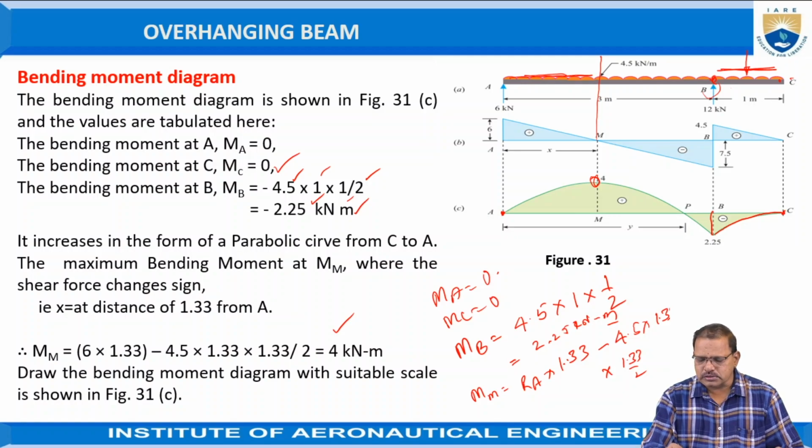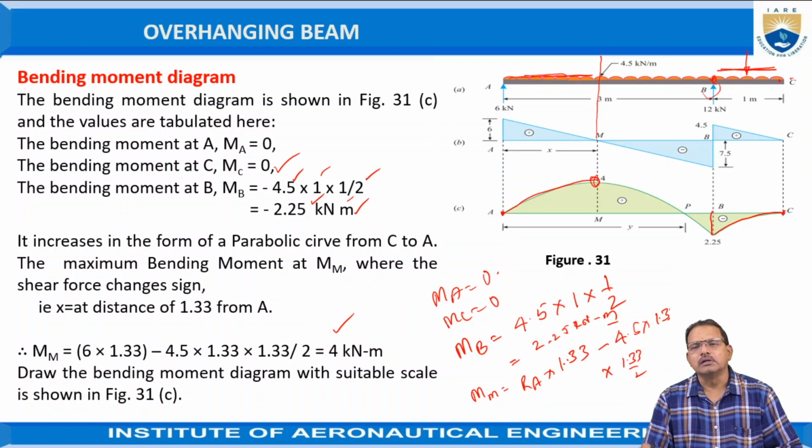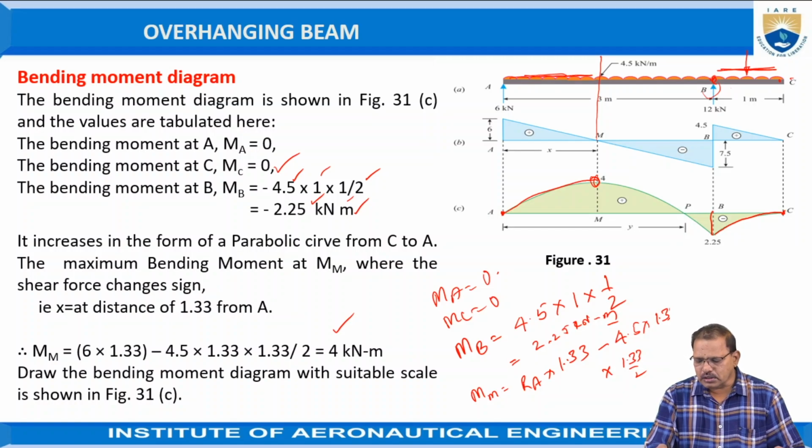Okay, join these 2 points by using a smooth curve. It is known as a parabolic curve. And here, join that M with the A by a smooth curve, that is a parabolic curve. This is known as the bending moment diagram.